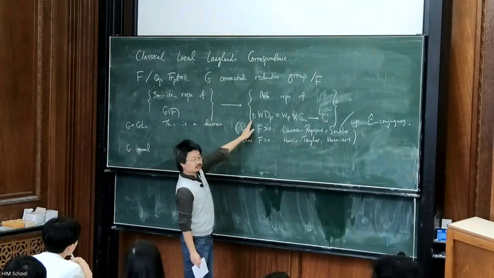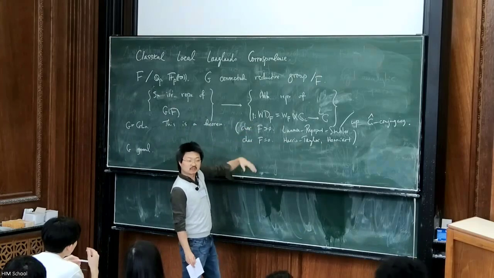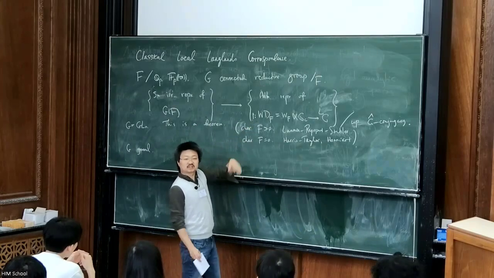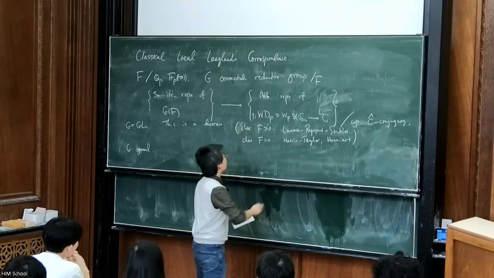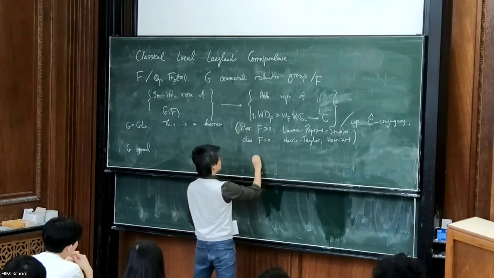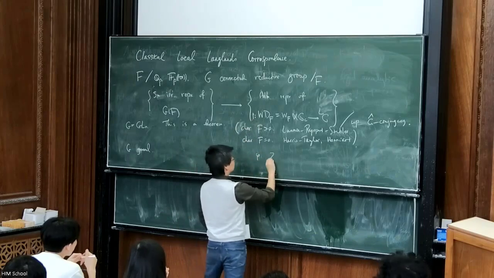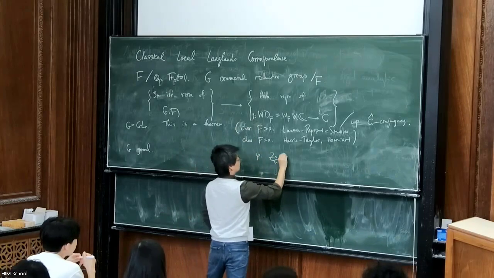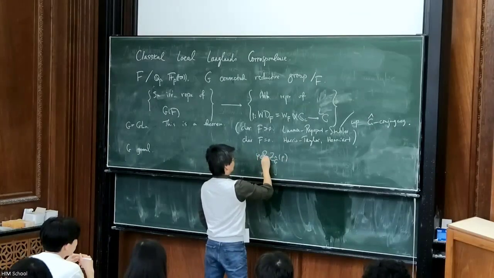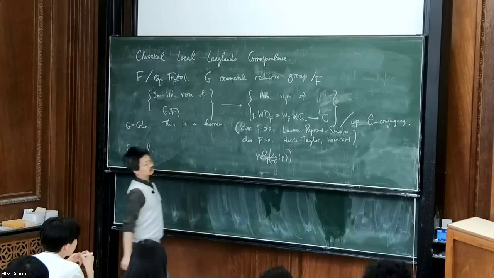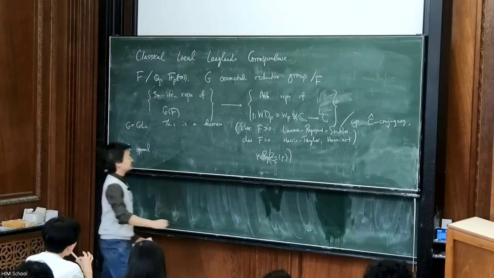Several things will map to the same representation, but they can be further distinguished by considering additional data. People sometimes call this the enhanced Langlands parameter, where the additional data is a representation of the centralizer group of the Langlands parameter.